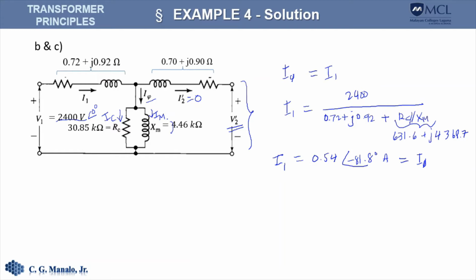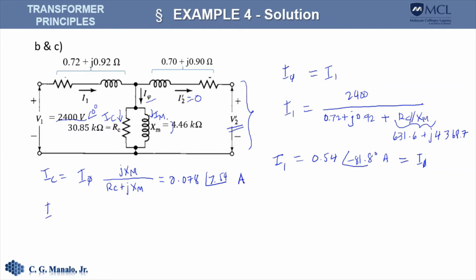Now to get I sub C, we can use the current divider technique. Here this is equal to jXM over RC plus jXM. And this will give us 0.078 amperes.